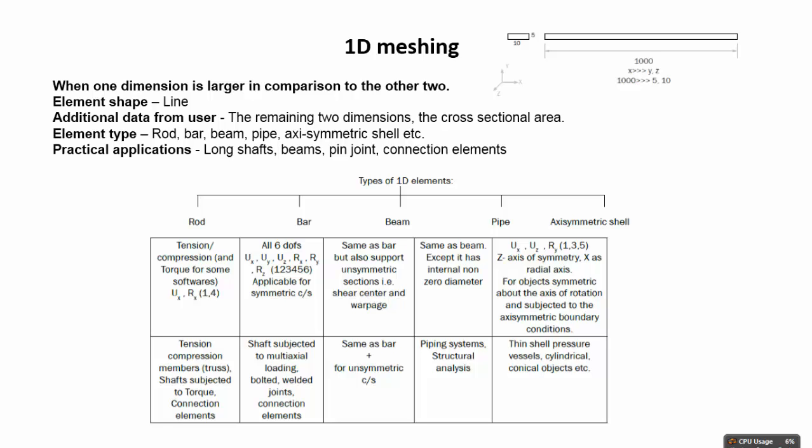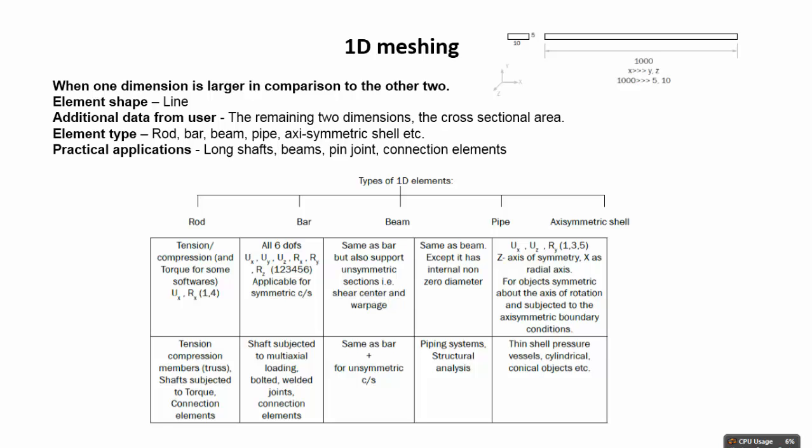So if you are doing any analysis of a component that has a non-zero internal diameter, you have to use the pipe. So pipe is also the same as the bar element and beam element, but it has non-zero internal diameter. The pipe element is used for piping systems and structural analysis.